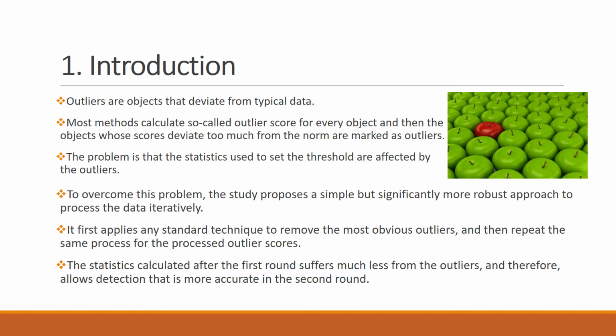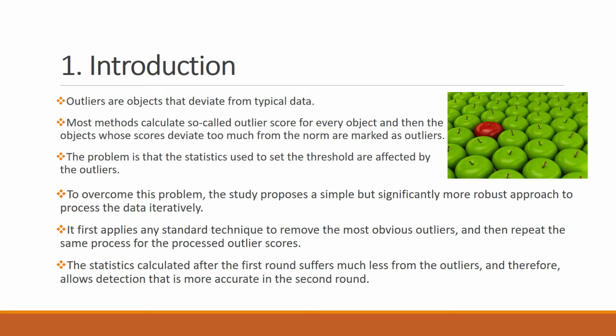To overcome this problem, the study proposes a simple but significantly more robust approach to process the data iteratively. It first applies standard techniques to remove the most obvious outliers and then repeats the same process for the processed outlier score, meaning we are doing the same thing twice.